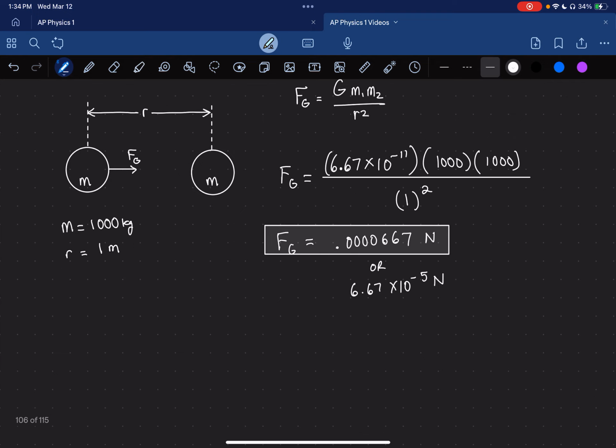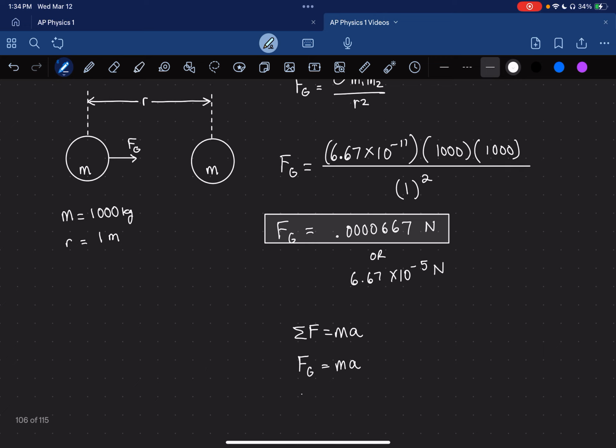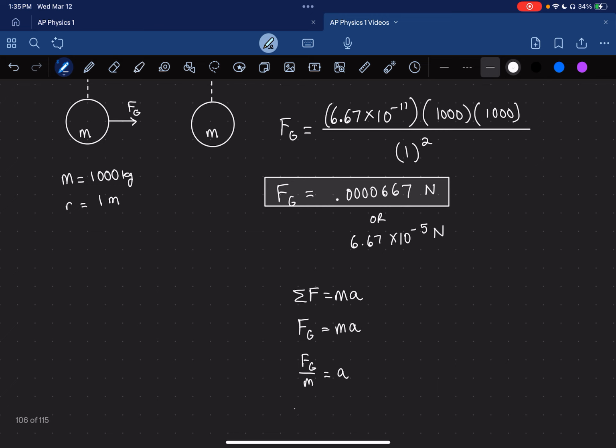In fact, if we calculate here the net force on this mass just due to gravity, that's Fg, we can calculate what the acceleration is of this. At what rate will this object accelerate towards the other one? This would just be Fg over m to give you acceleration.